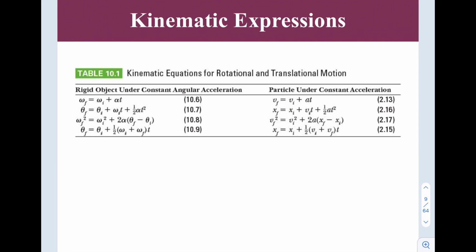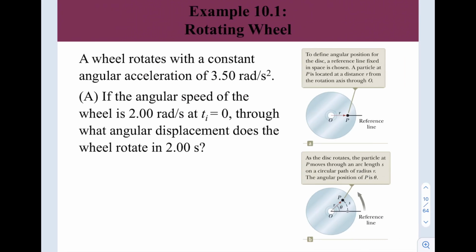Here we have v in meter per second, a in meter per second squared, and x in meter. But bear in mind, these equations are only valid whenever you have constant angular acceleration.